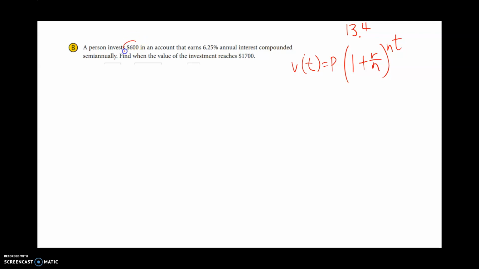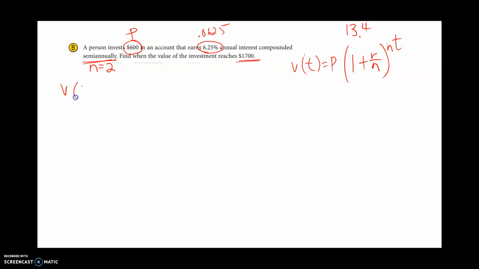So they invest $600, that's P, in an account that earns 6.25% annual interest compounded semi-annually, twice a year. And here's the interest. Find when the value of the investment reaches $1,700.